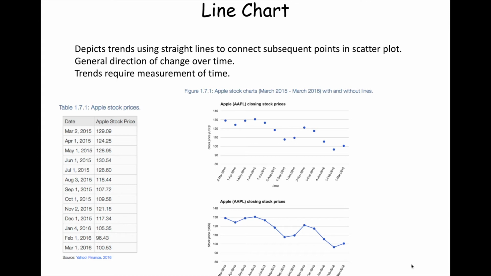Now, of course, you'll notice that in general it goes up and down for shorter amounts of time. For this particular period depicted, the general trend is that it's going to go down, right? So just like the other scatter plot that we talked about, you can also draw a trend line for these stocks. Okay. Any questions about this?